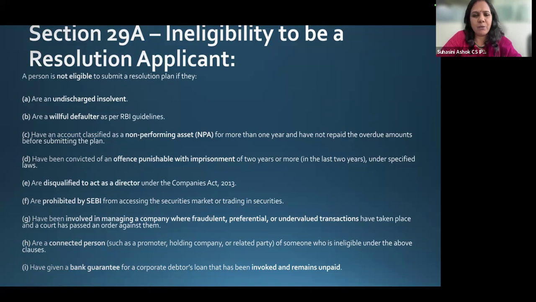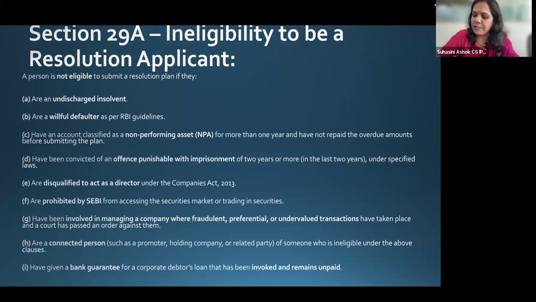They can submit the EOI. However, if he is convicted of an offense, that too punishable with imprisonment of 2 years or more only, and that too in the last 2 years. If you read the regulation, it is very clear: convicted for 2 years and in the last 2 years under specified laws.